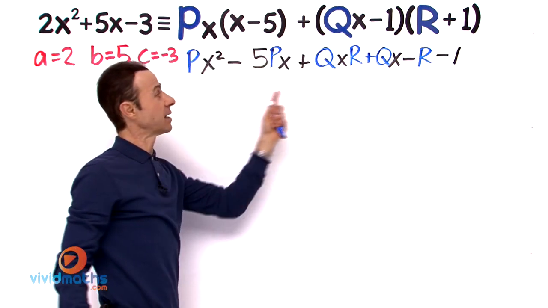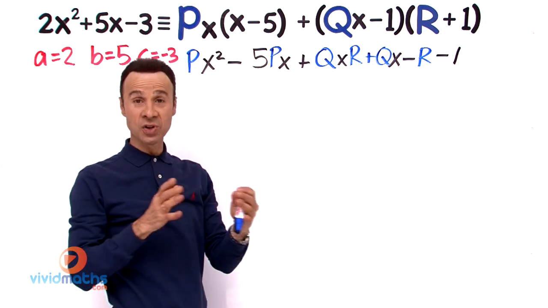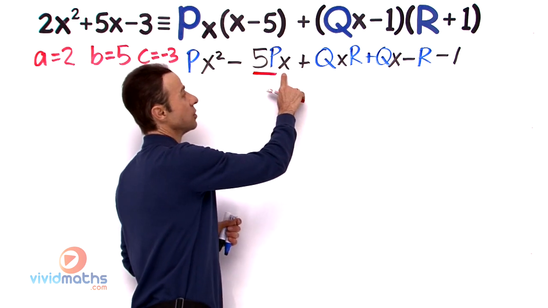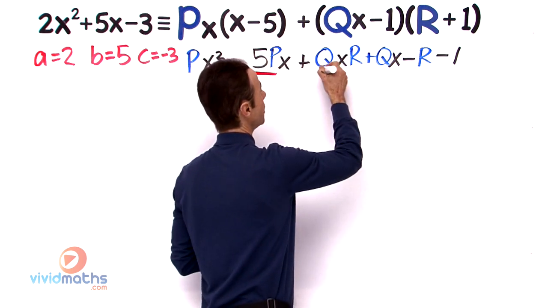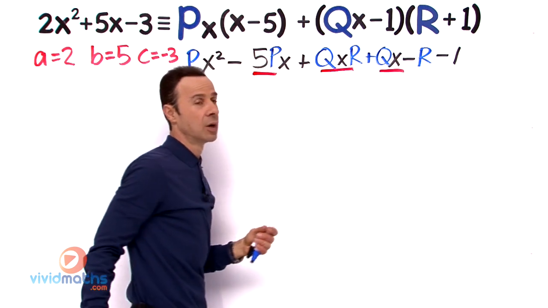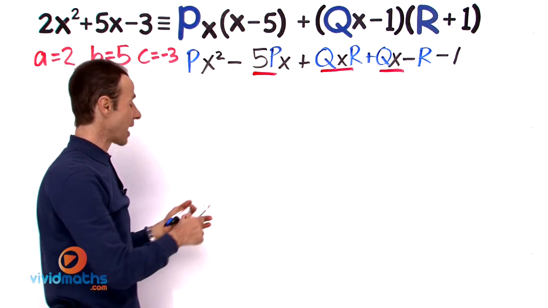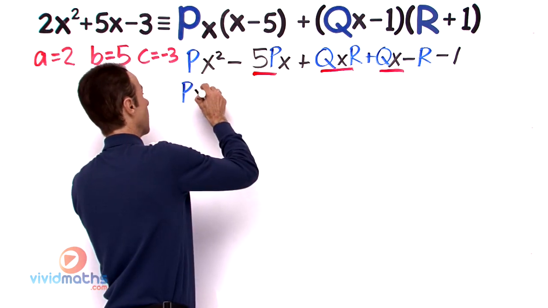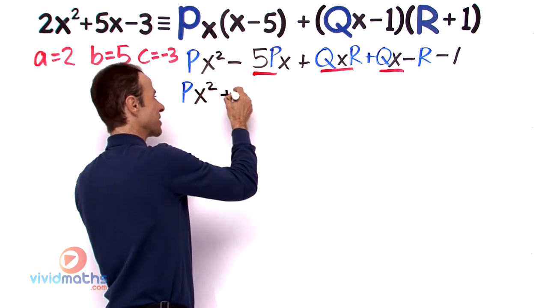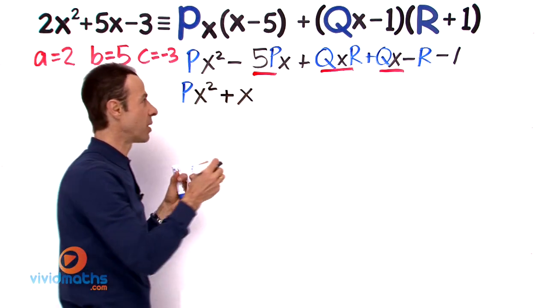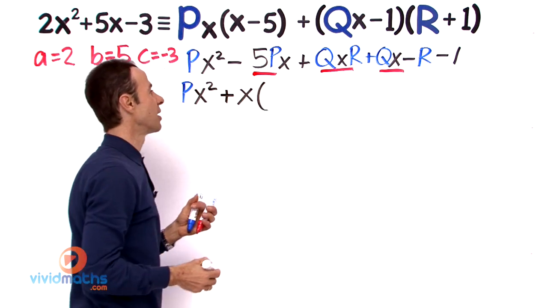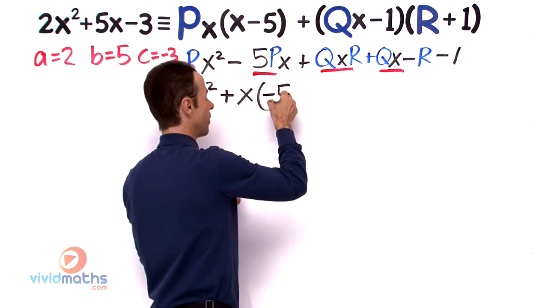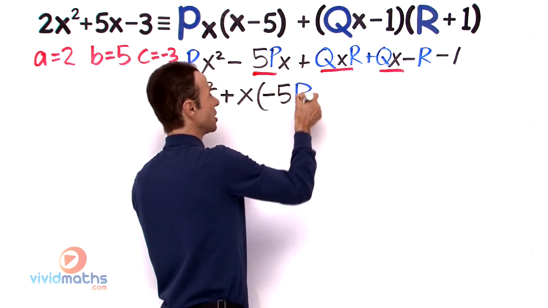Okay, let's start collecting like terms. Do you see any like terms? Coefficients of x would be the best one to do. We've got a coefficient of x here, over here we have a coefficient of x, and by the way, over here also we have a coefficient of x. So let's take that x out. First, let me write the first part, px squared, and I always go plus x here. Now brackets, we can put all the negatives inside there. So plus x, we have a negative 5px, so we can write negative 5 inside there. Let's test it by expanding.